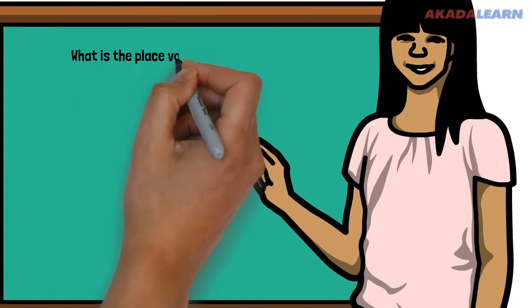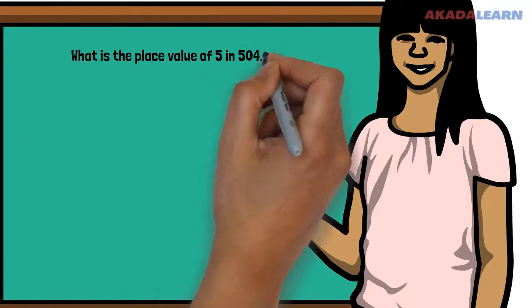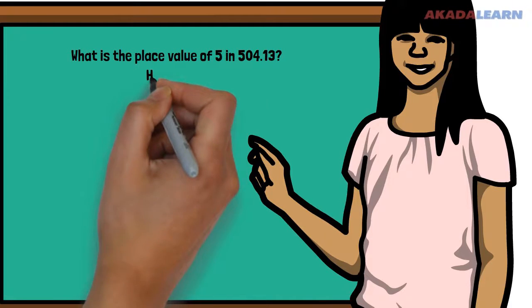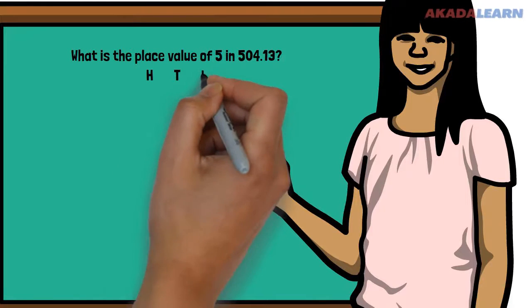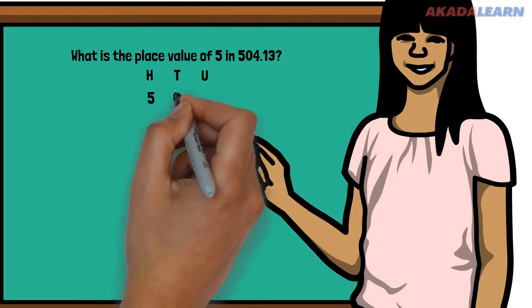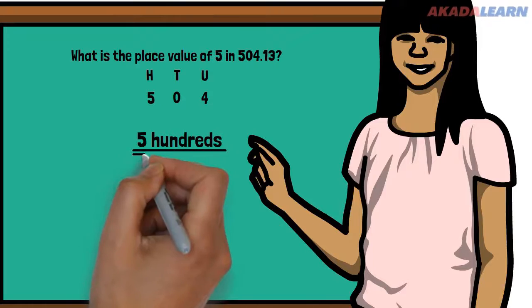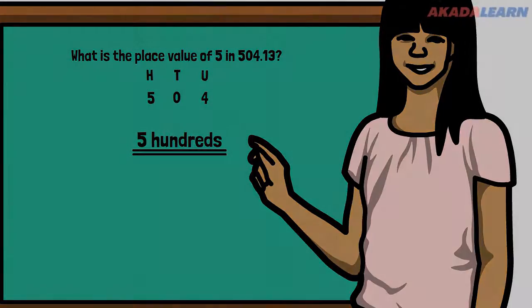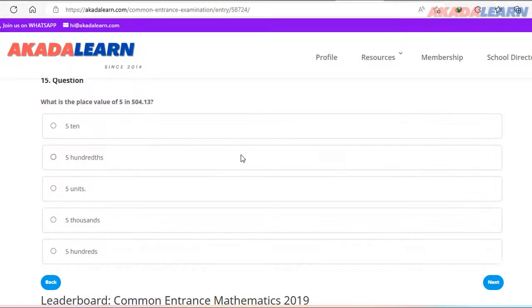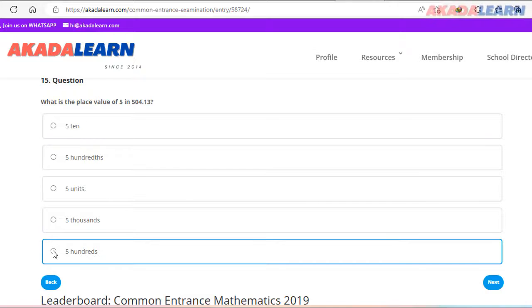What is the place value of 5 in 504.13? So 500 hundreds, and that's 500, which is your final answer. From our video, we can see that is 500. So that is option E.